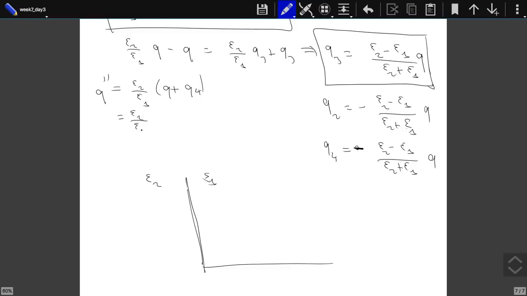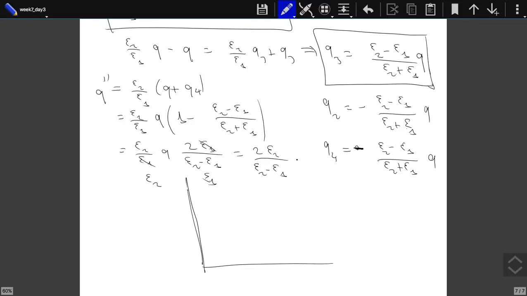This is equal to epsilon 2 over epsilon 1 q times (1 minus (epsilon 2 minus epsilon 1) divided by (epsilon 2 plus epsilon 1)), which is epsilon 2 over epsilon 1 q times twice epsilon 1 divided by (epsilon 2 plus epsilon 1). Epsilon 1s cancel. We have twice epsilon 2 over (epsilon 2 plus epsilon 1) times q.